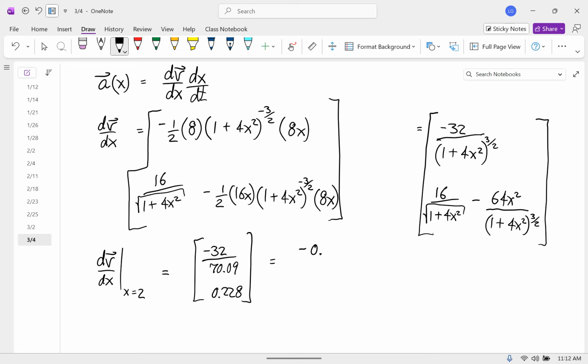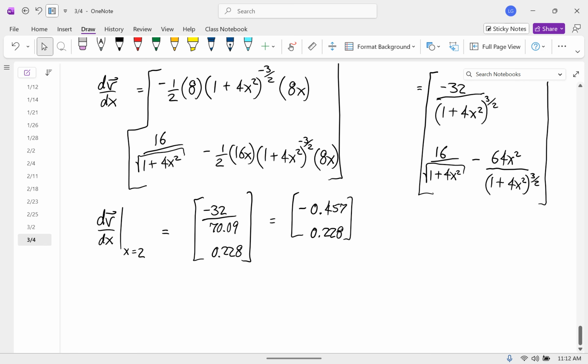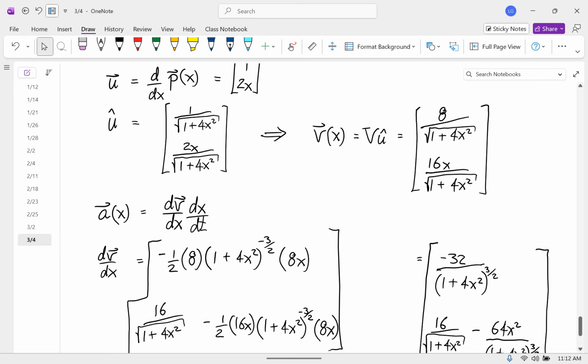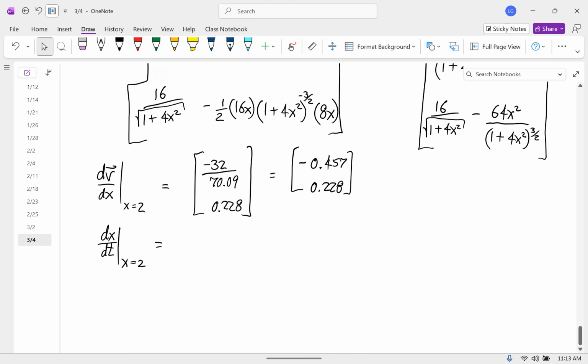So negative 0.457, 0.228. And then dx/dt evaluated at x equals 2 is this thing. So 8 over the square root of 17. So 1.94.